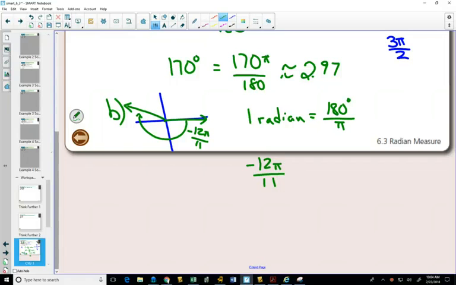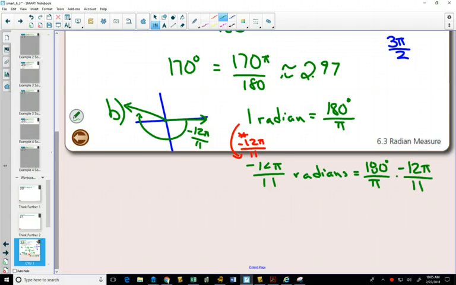Double check, yes. If I wanted to find that in degrees, well, from here to here, I've multiplied by negative 12 pi over 11. That's what I've multiplied by. So I would have to do the same thing over here. I would take my 180 degrees over pi, and I would have to multiply by negative 12 pi over 11.